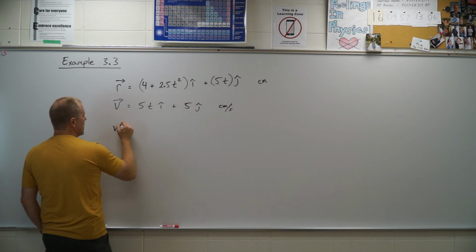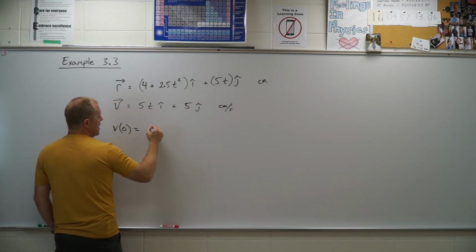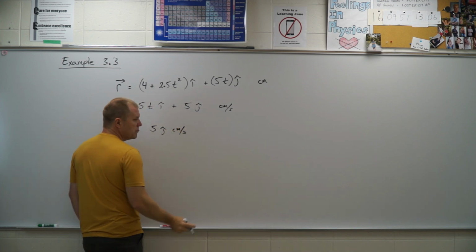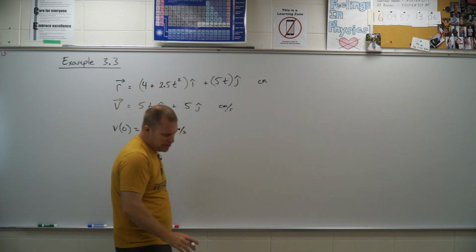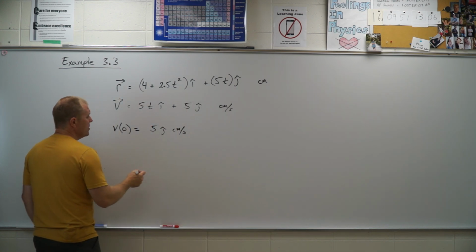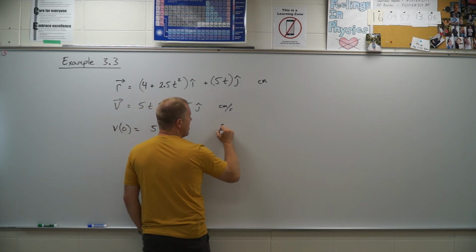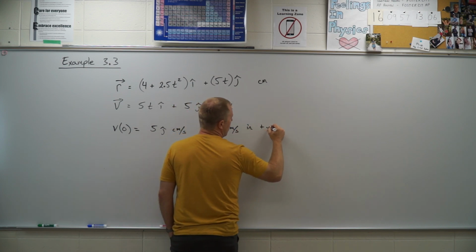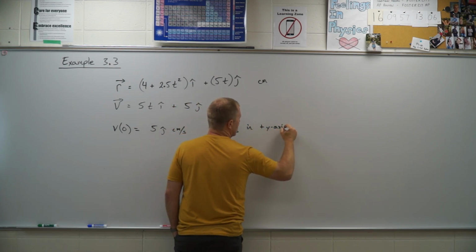So now I can just plug in, well, what's your velocity at 0? It's just 5 j hat centimeters per second. Do they ask for magnitude and direction? They do. Oh, such a bummer. So I need to say that that is going to be 5 centimeters per second in the positive y-axis direction.